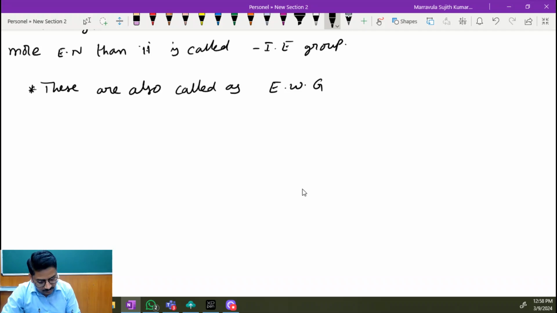The first one is NF3 plus. NF3 plus is the strongest electron withdrawing group. It can take the electrons. Why it is so, we can discuss later.